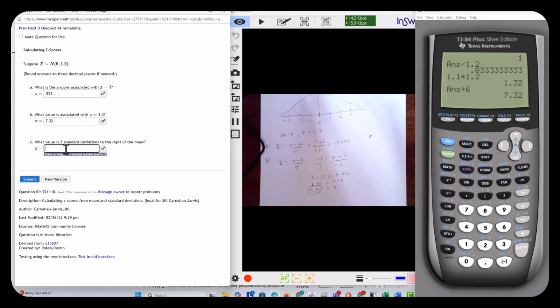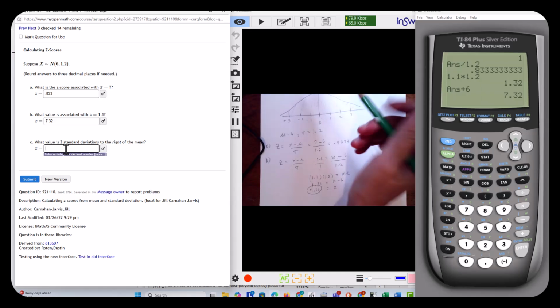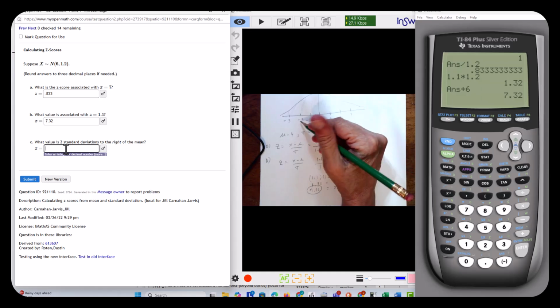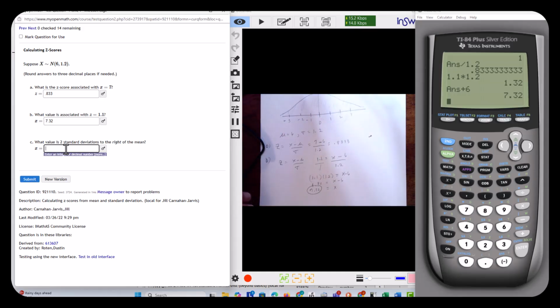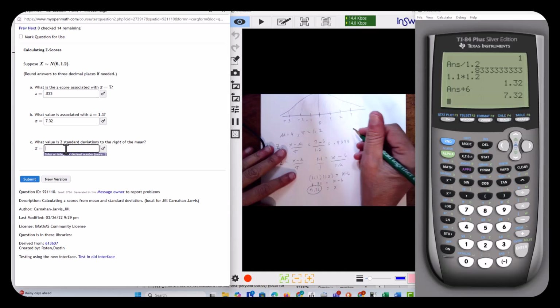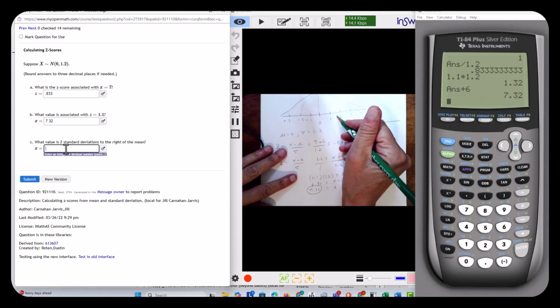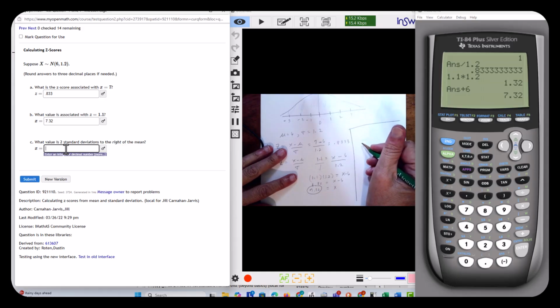What value is 2 standard deviations to the right of the mean? To the right of the mean means that my z-score is 2. If I was looking to the left of the mean, my z-score would be negative 2. So what value is 2?